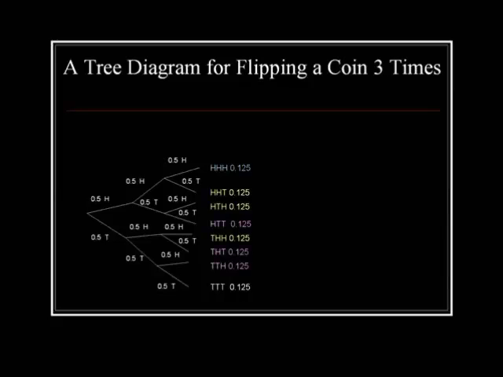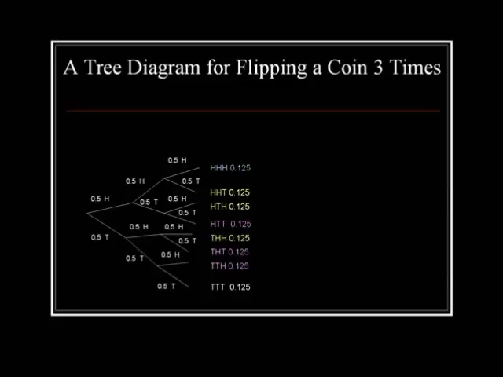And then we can compute the probability of each of those sequences by multiplying the probabilities along each path in the tree diagram. So for the top one, it's 0.5 times 0.5 times 0.5. That's 0.125. Now in this case, since all the probabilities are 0.5, we're going to have 0.125 or 1/8 for each of the 8 possible sequences.